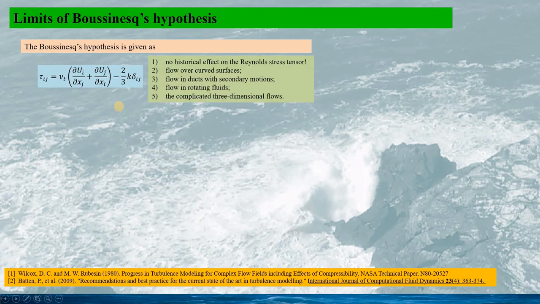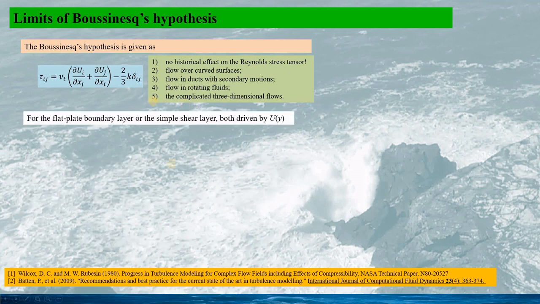This hypothesis has always had shortcomings, such as no historical effect on the Reynolds stress tensor. It cannot well represent the flow over curved surfaces, the flows with secondary motions, the flow in a rotating frame, and also some complicated 3D flows.